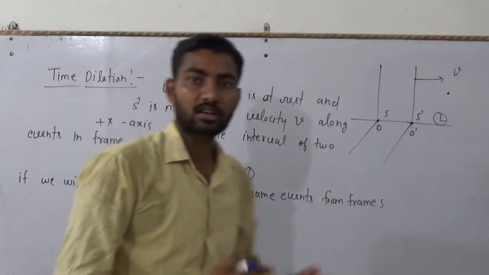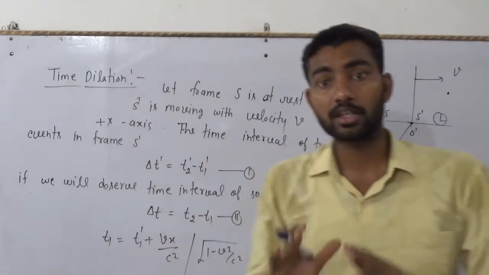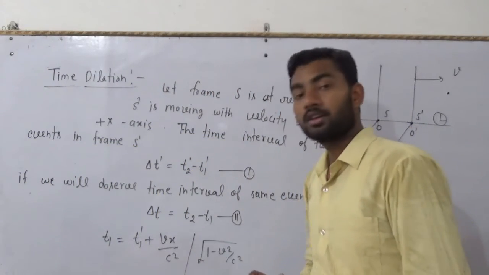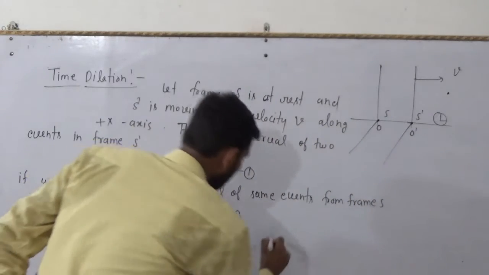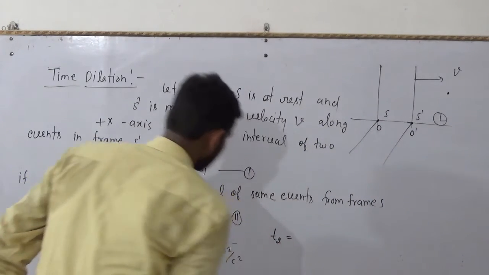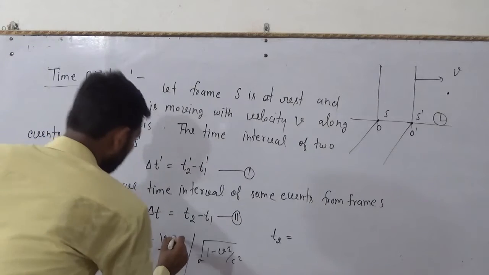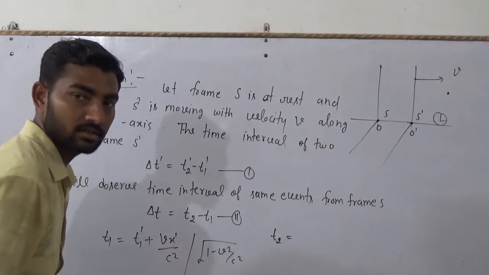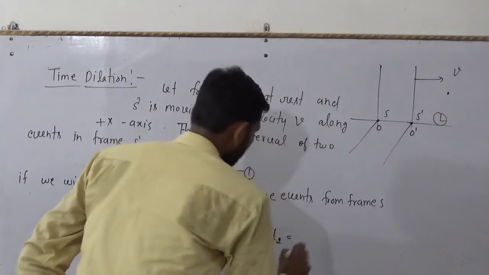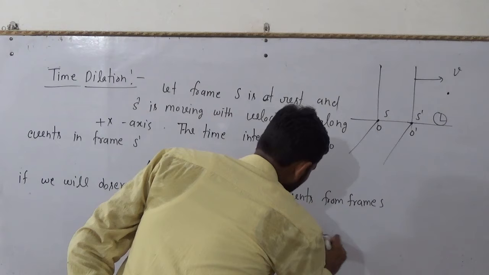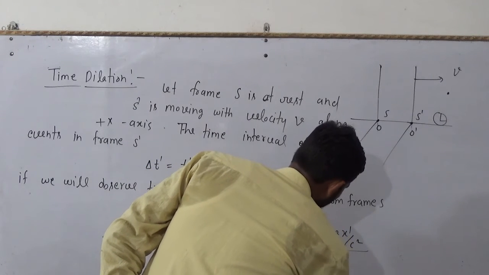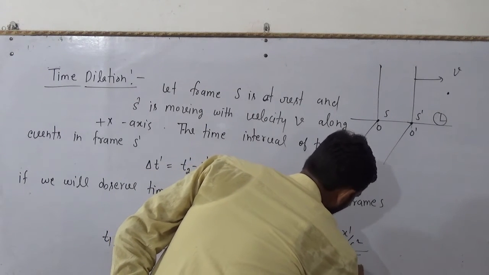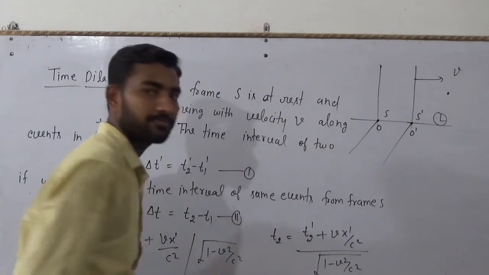Here we are using the inverse Lorentz transformation equation. The value of T2 will be T2 is equal to, here also it will be x dash, so T2 is equal to T2 dash plus Vx dash by c square by under root 1 minus V square by c square.